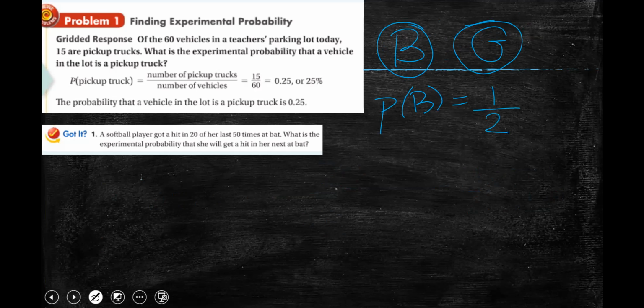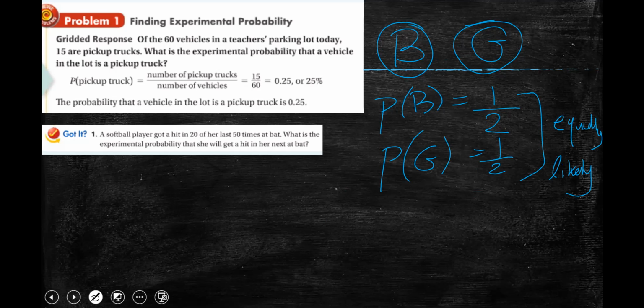So the probability of getting a boy is half, and the probability of getting a girl is also half, and they are equally likely. What does this half mean? It means if I am getting pregnant, I have a probability of half to get a boy.